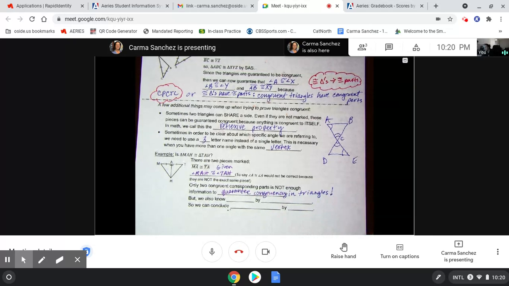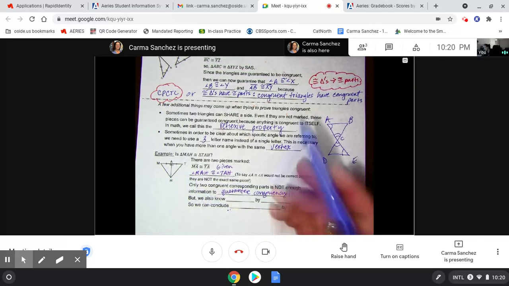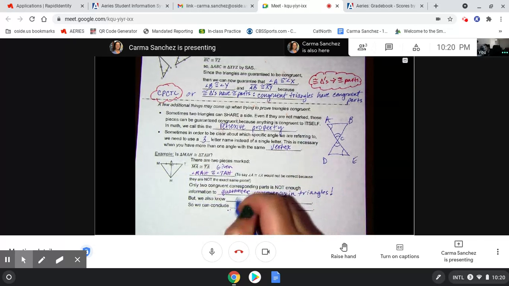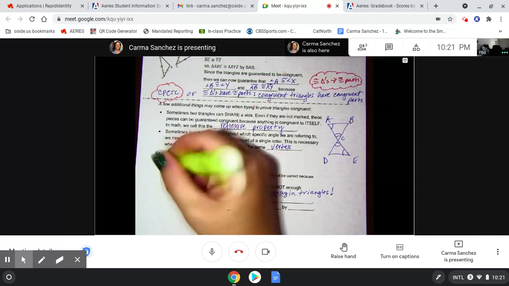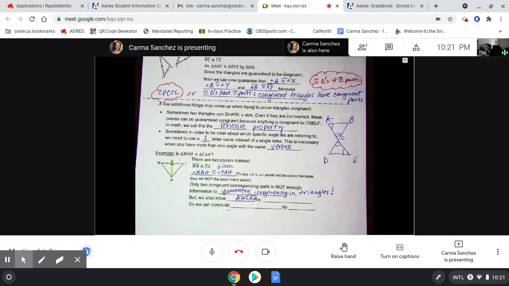We need one more piece, but we do know another piece. We know that AH is congruent to AH, to itself. This middle piece right here is the same shared side.